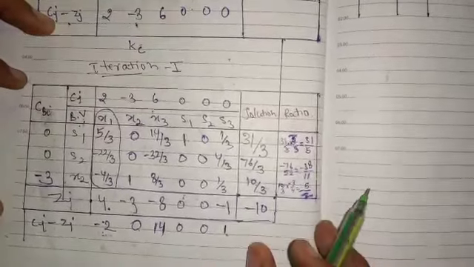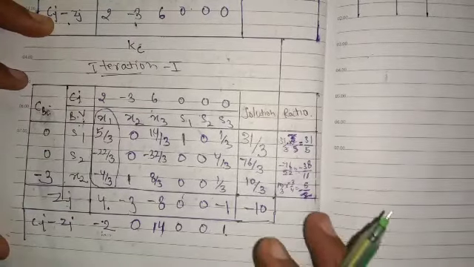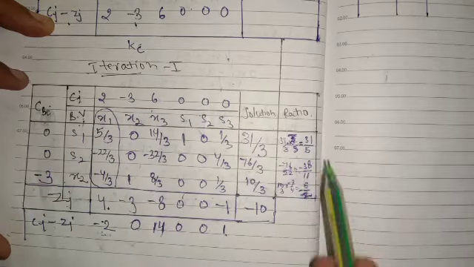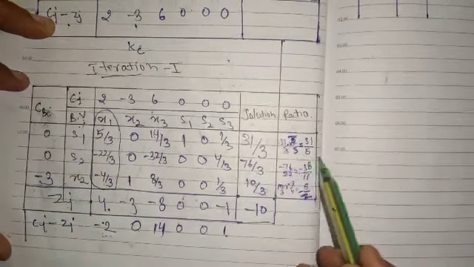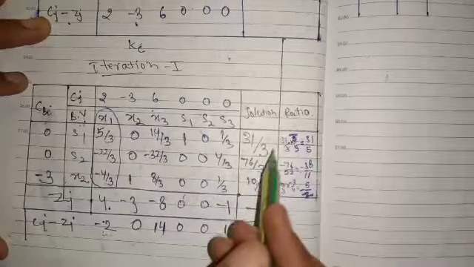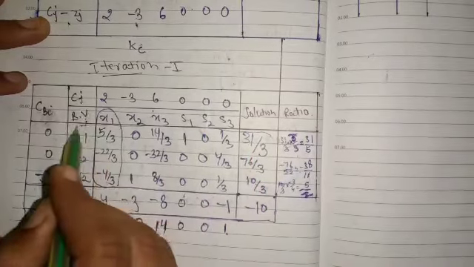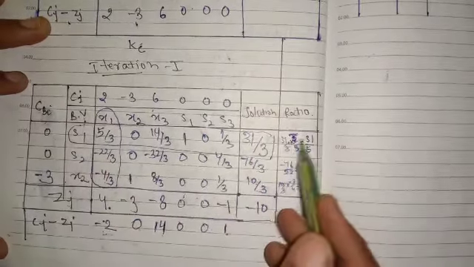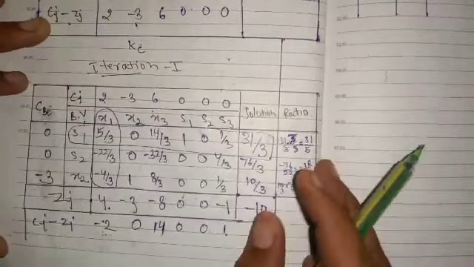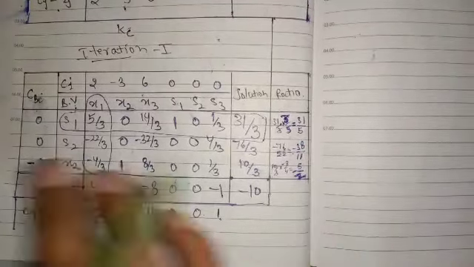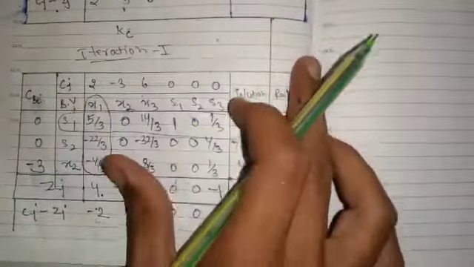Now in the ratio we select the most negative value. Here we get only one negative value, so this is our key row. For the key row, we select the positive value. And now our next step is to go to iteration second.